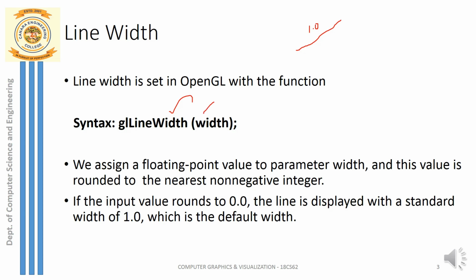The parameter that you pass is an integer or a floating value. 1 is the standard size, so for more than 1 you can pass the parameter as width. Usually a floating value is taken. We'll see an example.